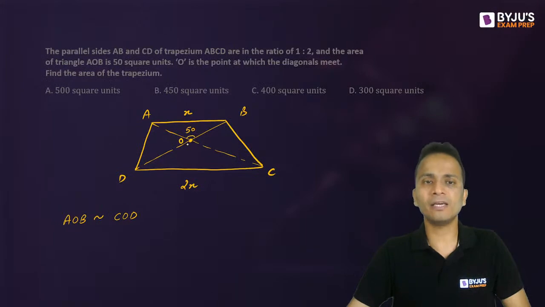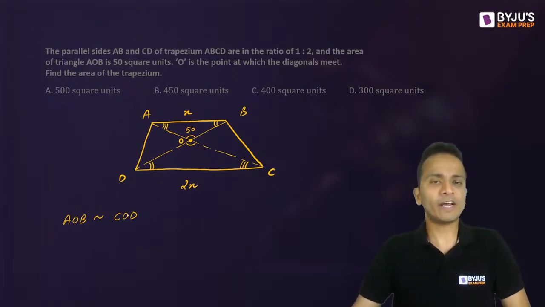Because this angle and this angle are equal. They are vertically opposite angles. This angle B of the smaller triangle is equal to this angle of the bigger triangle. And the third angle, angle A, will also be equal to this angle C. So we can say that triangle AOB will be similar to triangle COD.